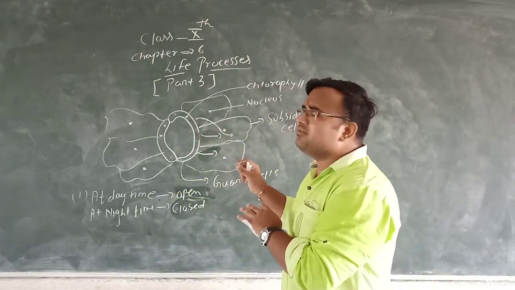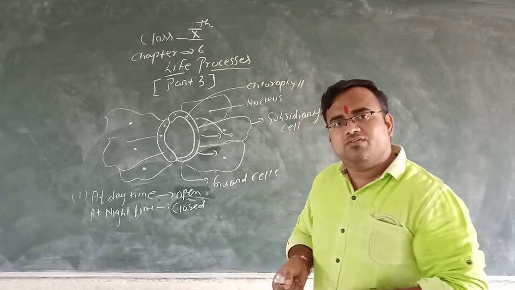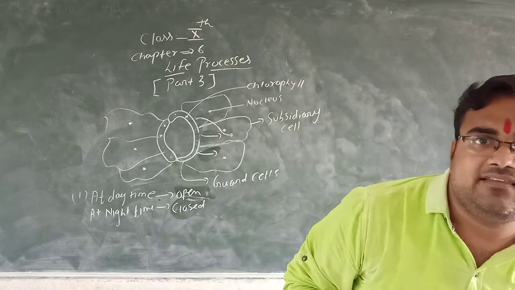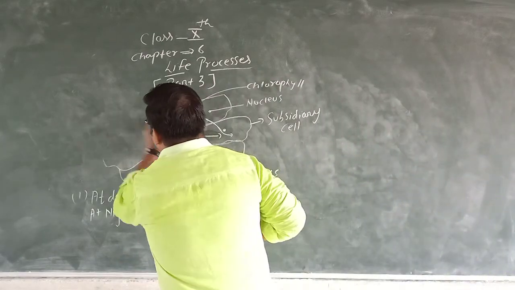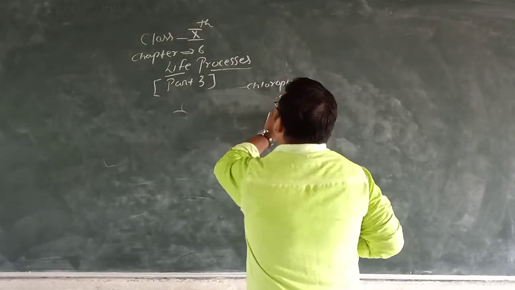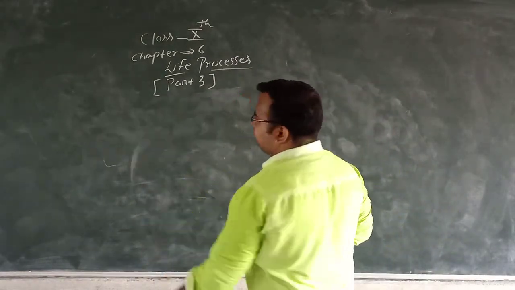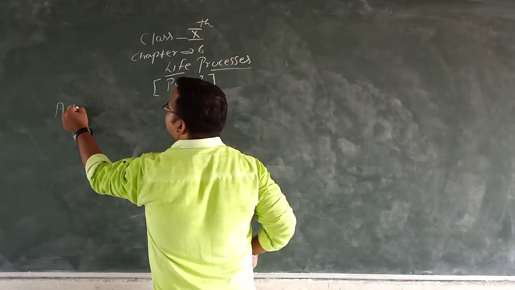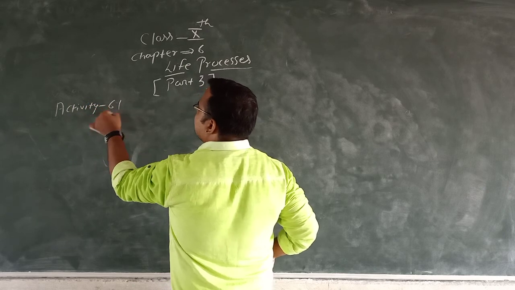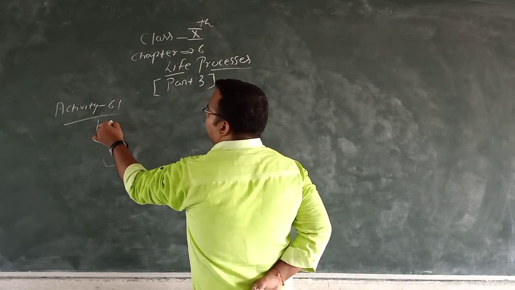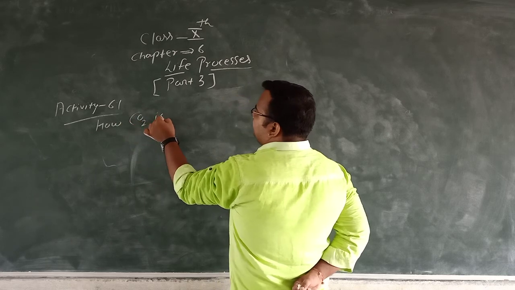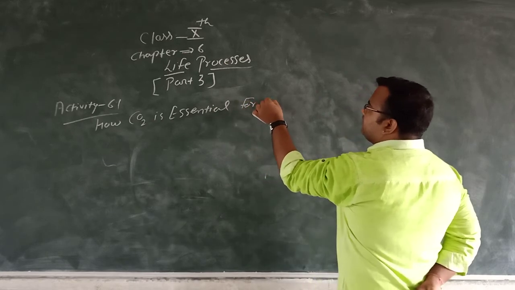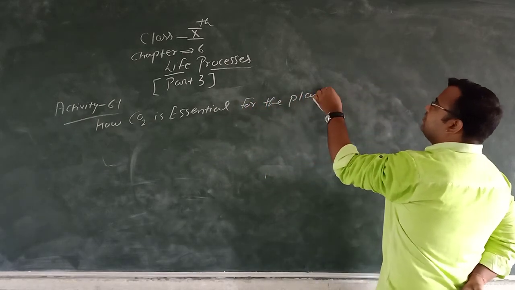So this was the mechanism behind the opening and closing of stomata. Now we will see the activity given in our textbook, activity 6.1: how CO2 is essential for the plant.